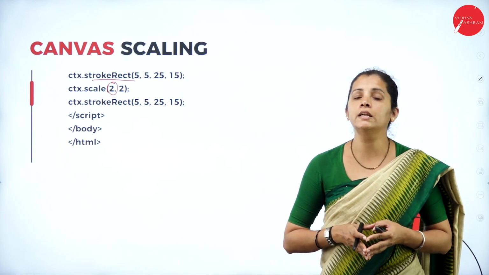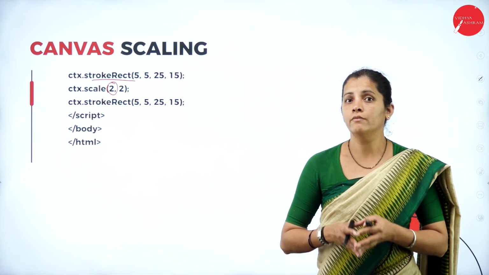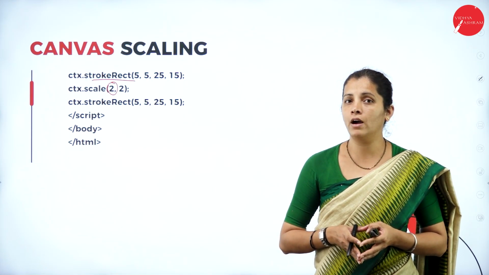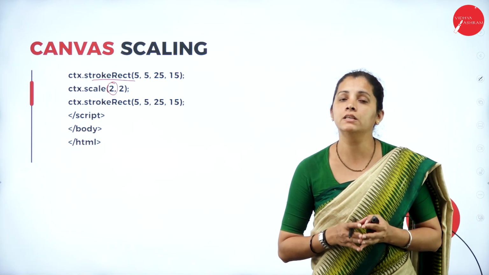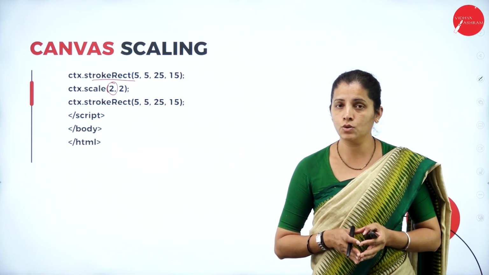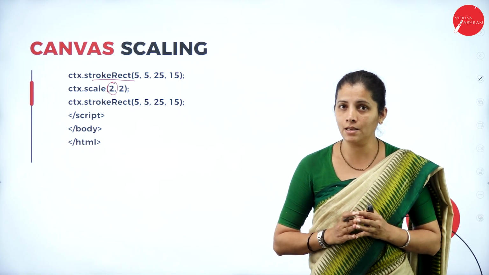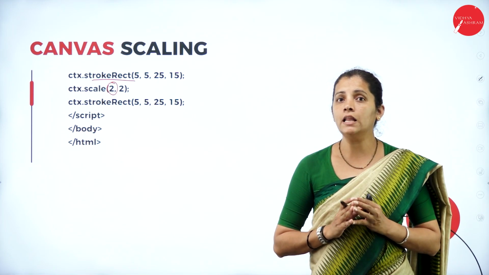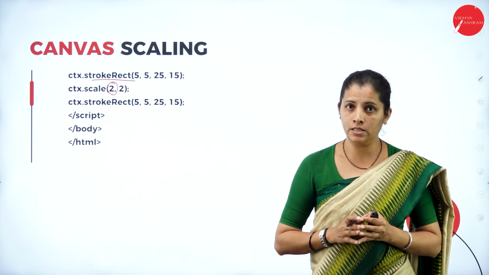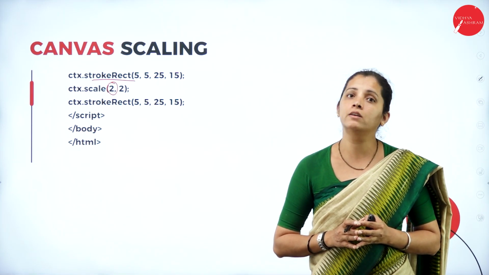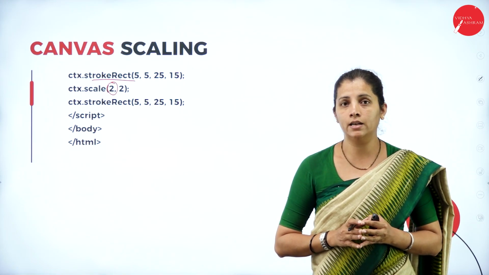Anyway, dear student, in this unit we started with HTML5, and along with that we discussed canvas. Canvas is nothing but a rectangular area on the web page. It does not have any border or content.